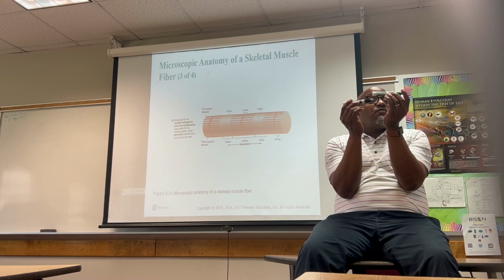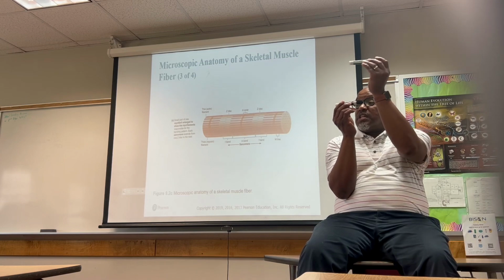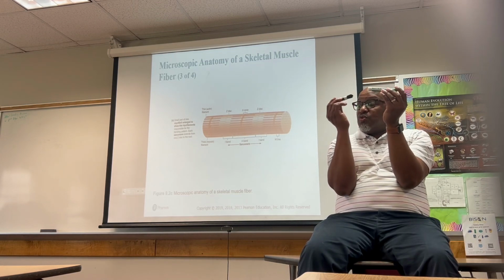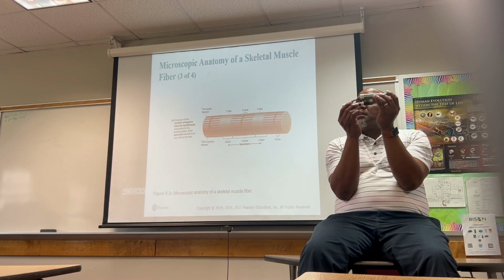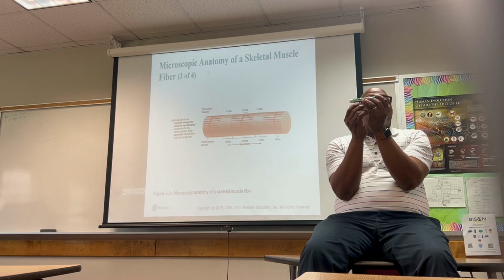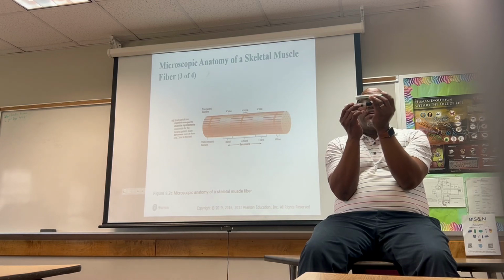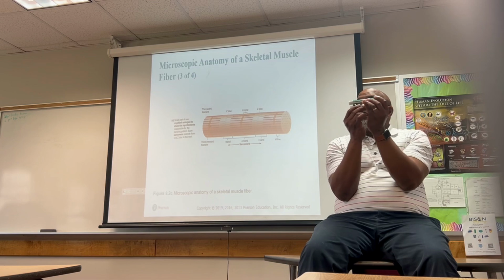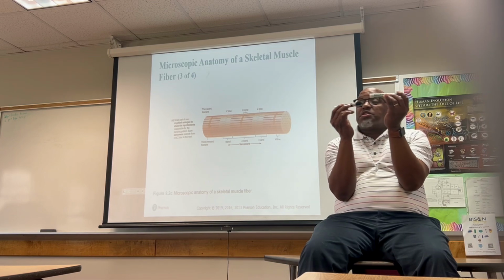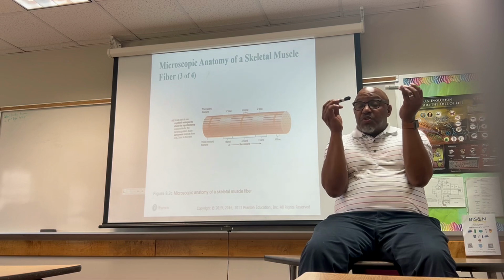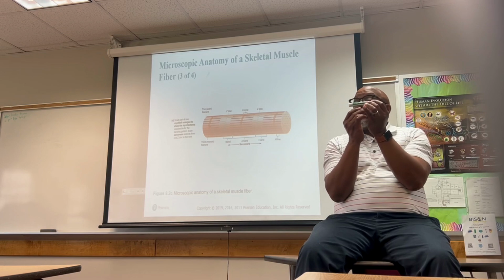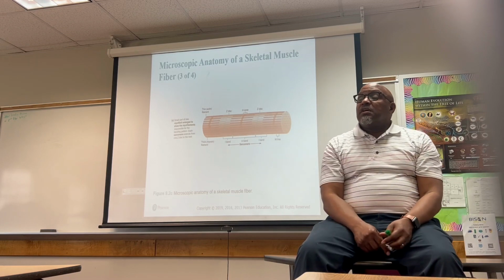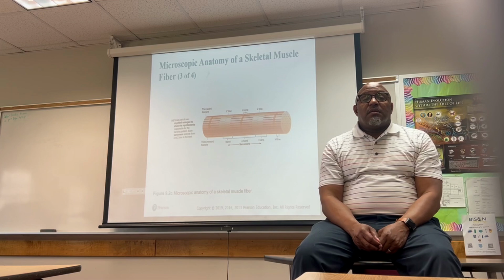It's called the sliding filament model of contraction. So let's pretend the green is my blue, the black is the red. What happens is it does this. And so the proteins, as you're contracting the muscle, slide back and forth to cause the sarcomere to shorten. The proteins themselves are not shortening, they're just overlapping one another. We're going to look at that in a minute.